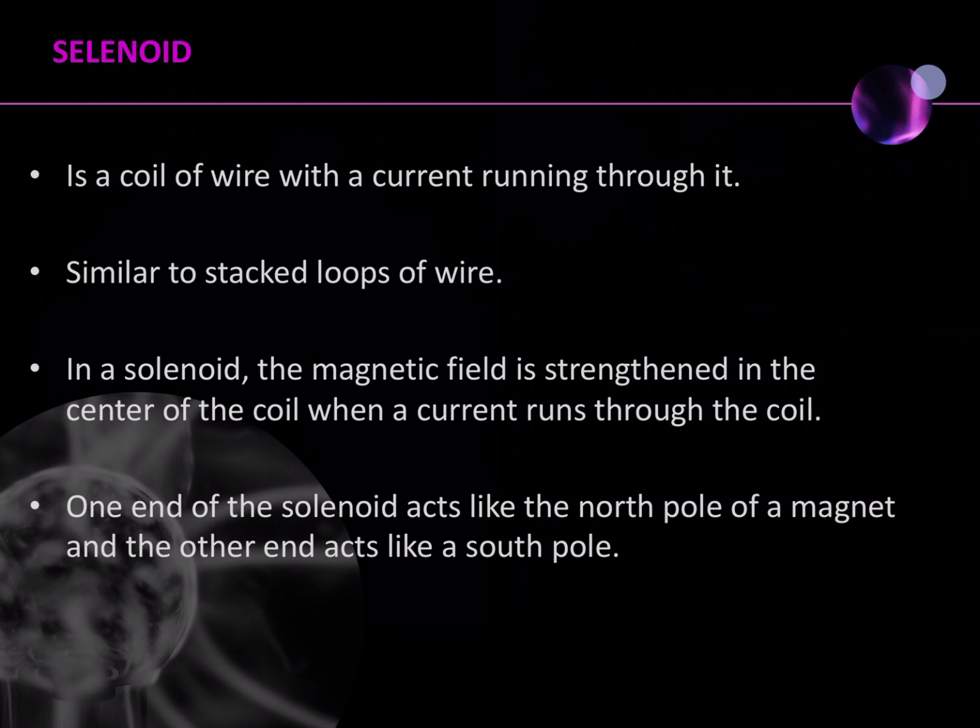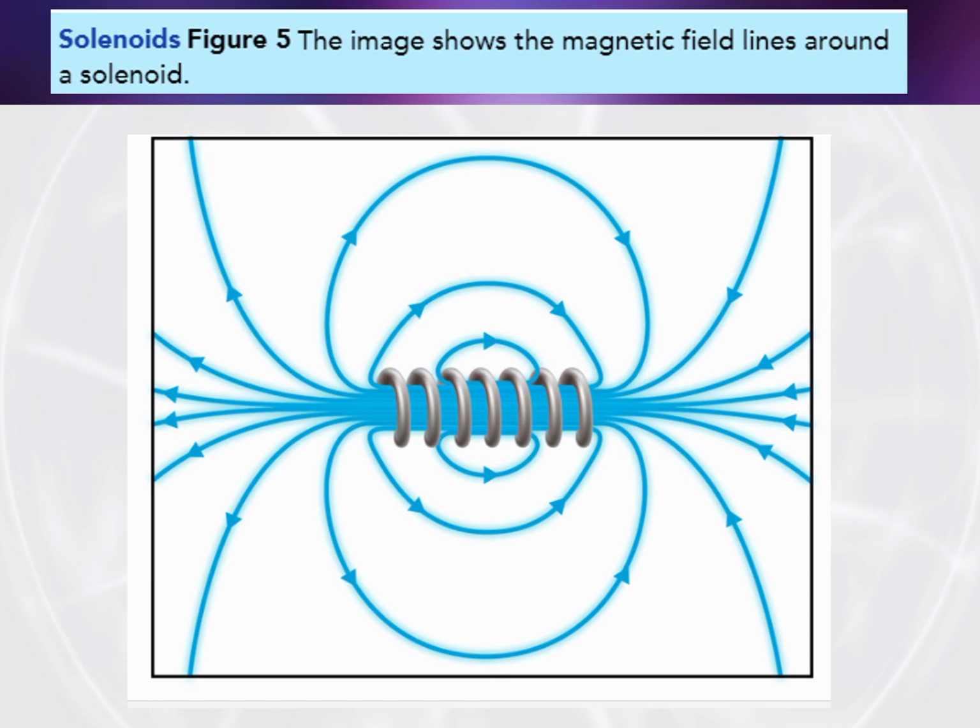One end of the solenoid acts like the north pole of a magnet, and the other end acts like a south pole. You can see in Figure 5, this image shows the magnetic field lines around the solenoid. These are the loops, the stacked loops that they were describing before.